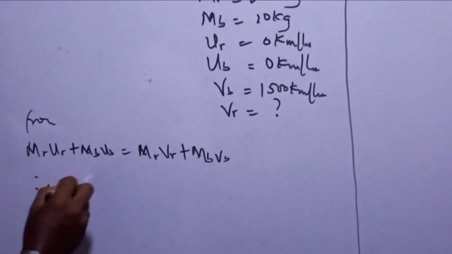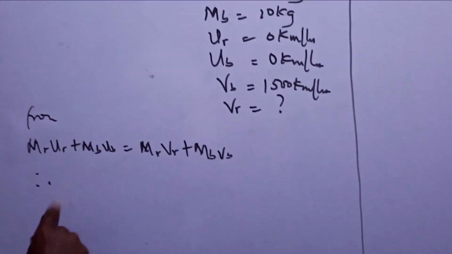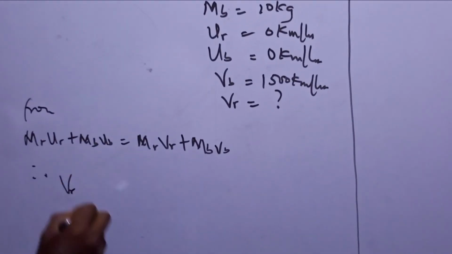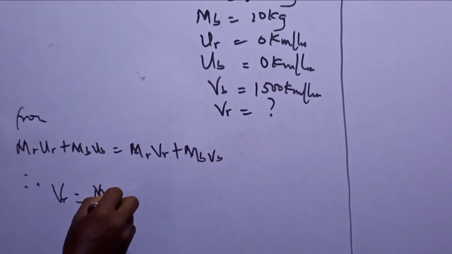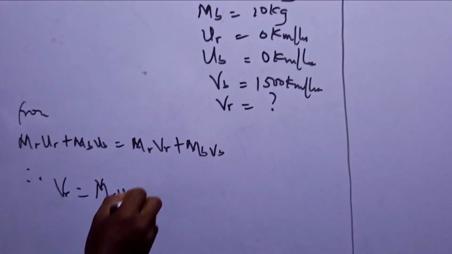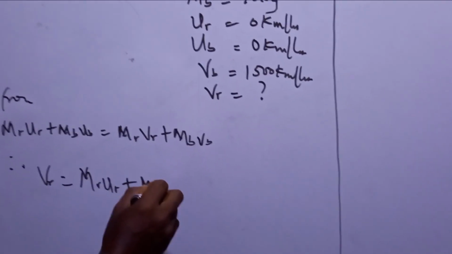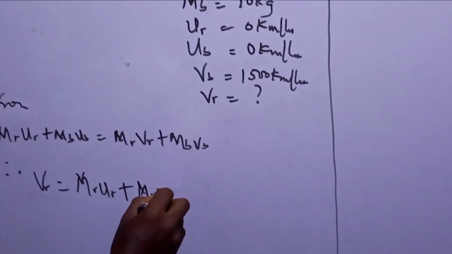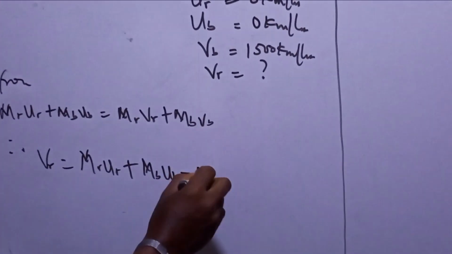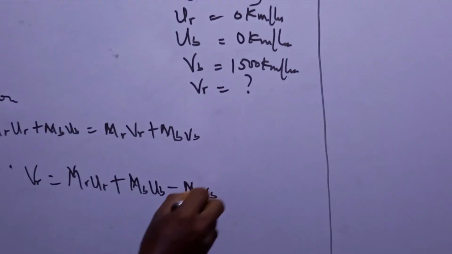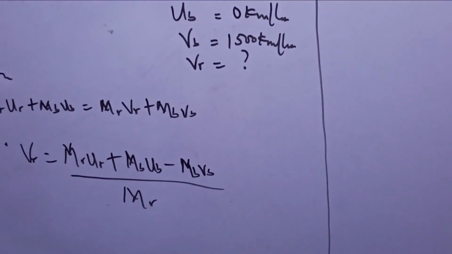Therefore, the velocity of the rifle, which is what you're looking for, will be equal to the mass of rifle multiplied by initial velocity of the rifle plus mass of bullet by initial velocity of bullet, minus mass of bullet by velocity of bullet, over the mass of the rifle.